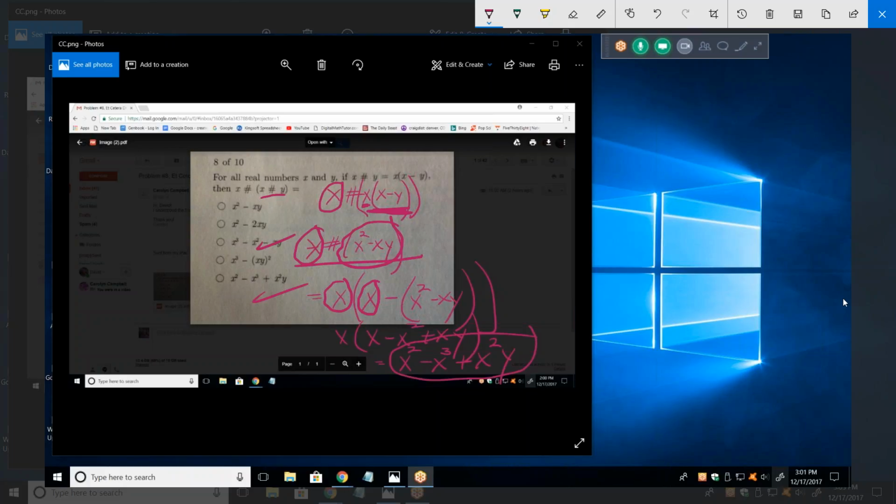That's the key part. Well, that's what confused me, that second section where you have the two x's. I didn't understand how they got that part. Okay. What this means is that whatever is on the left side of my pound sign, I'm going to substitute wherever I see x.